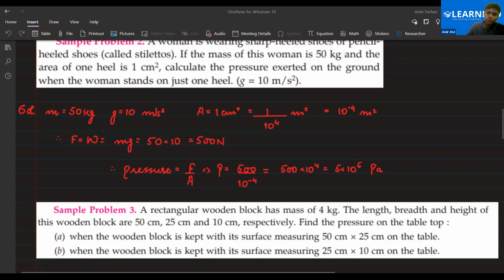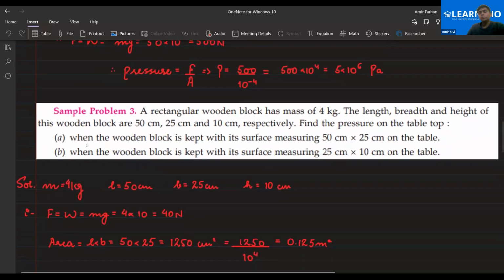Don't do the second one. Just do the first part. Both are the same actually, only the dimensions are changed. Okay, Bharti. Come, look. The answer would be 320 pascals.